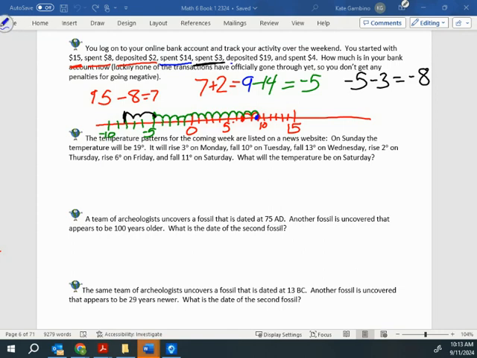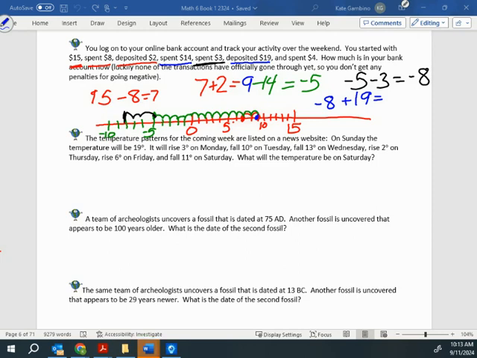But now, I need to add $19. So I was at negative 8 and I add $19. So am I going to go to the left or to the right? To the right, right, Hudson.